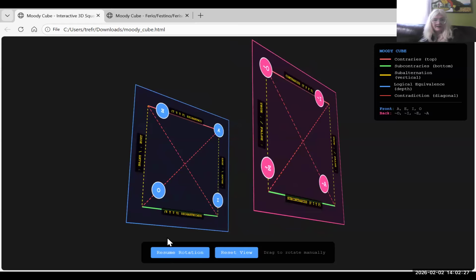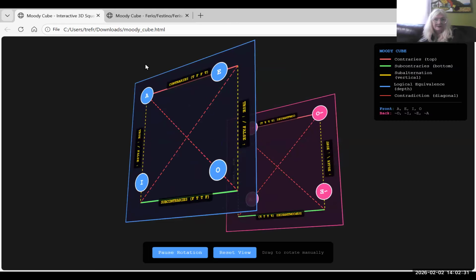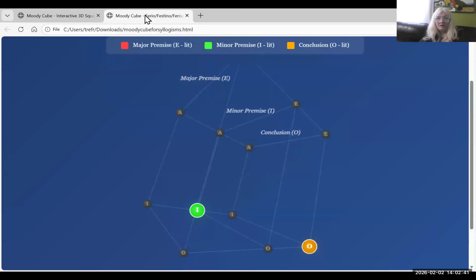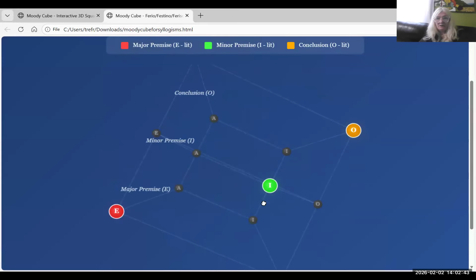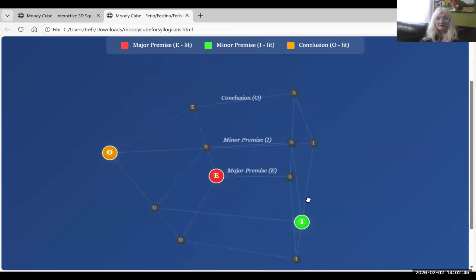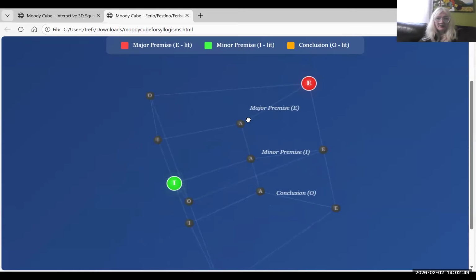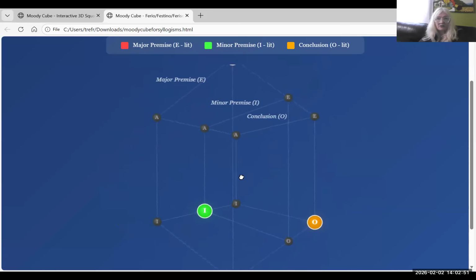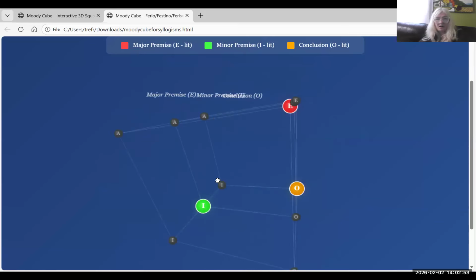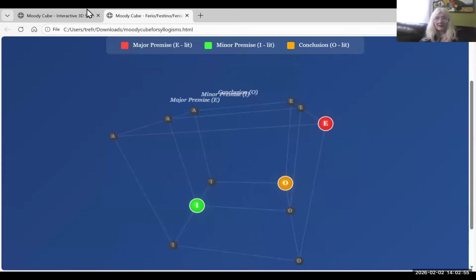So here we have our contraries, A and E, and I and O here, and we can imagine it that way as well. Further on, when you are using this later to check to see if arguments are valid or invalid, you can look at this cube to indicate which premises are which and what the conclusion is.